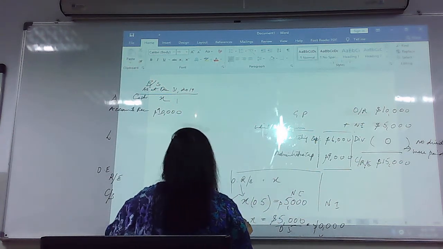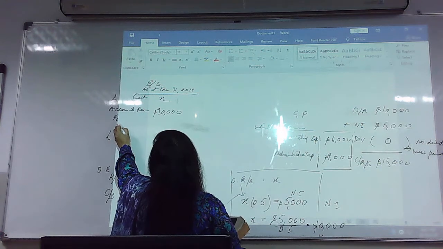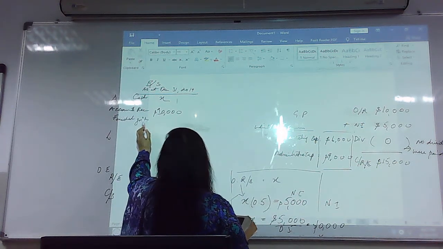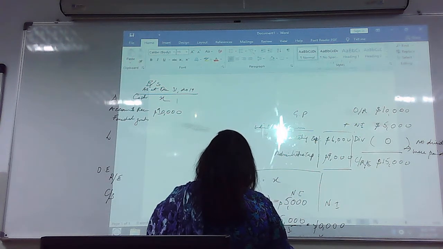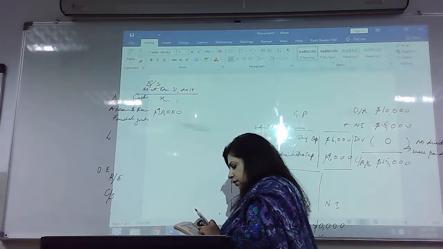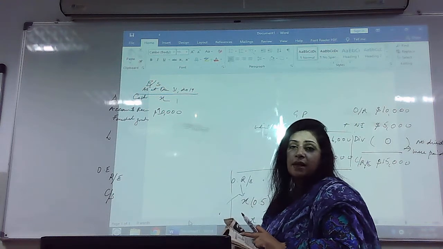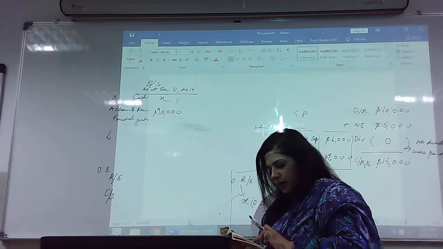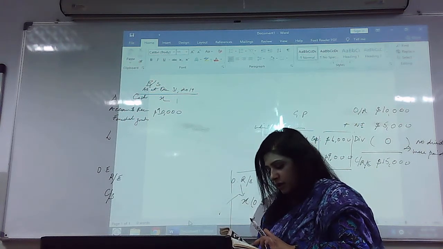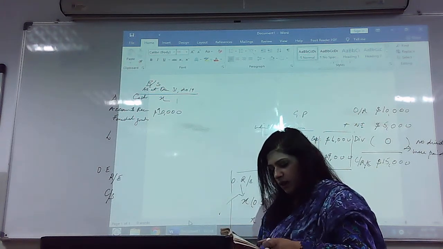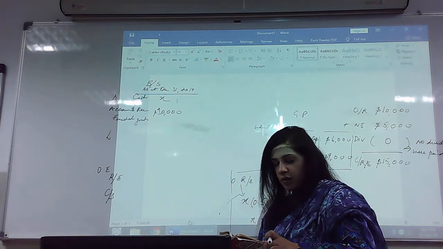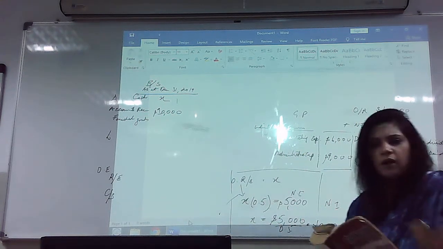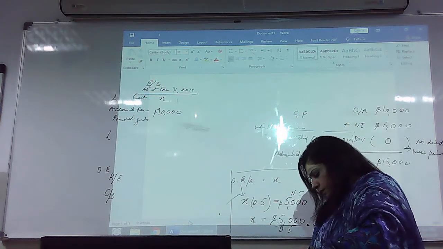We have finished goods. They have given us the opening finished goods value of $6,000. But in the adjustments they mentioned that except for the finished goods inventory, which was reduced by 33.33%. This 1 by 3 is actually 0.33, so I'm going to find out what that value comes to.